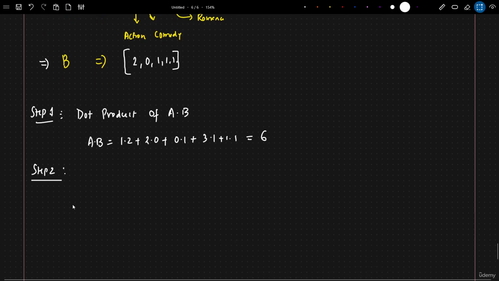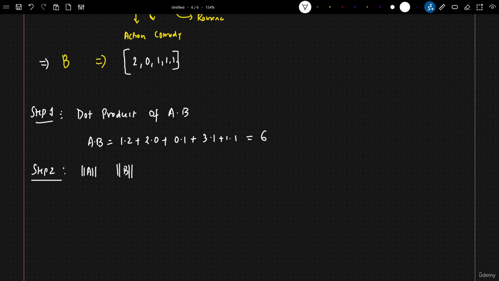In the second step, we will compute two important things, that is magnitude of A and magnitude of B. So guys, for calculating magnitude of A or magnitude of B, right now let us write down the formula. Later on I will explain these two topics, which are called Euclidean norm and Manhattan norm.